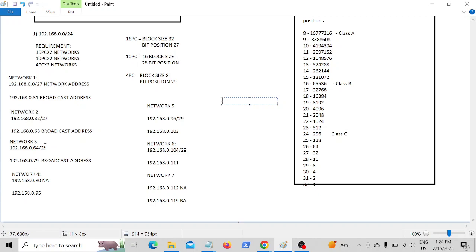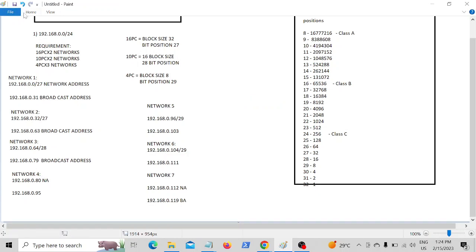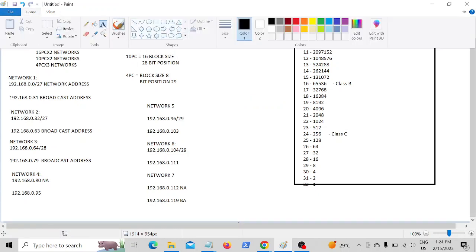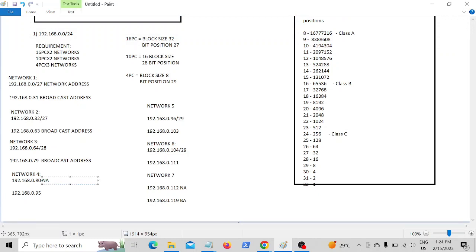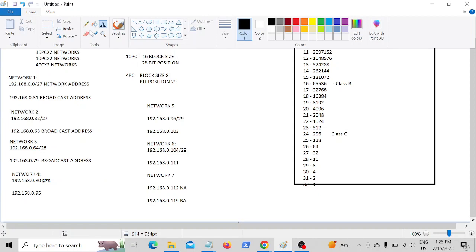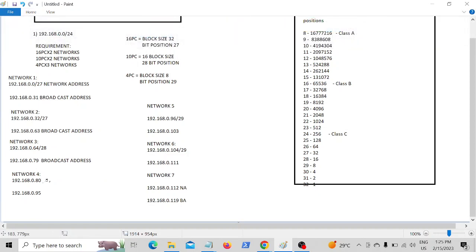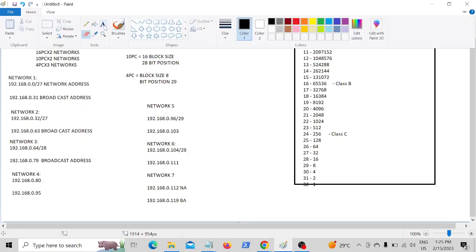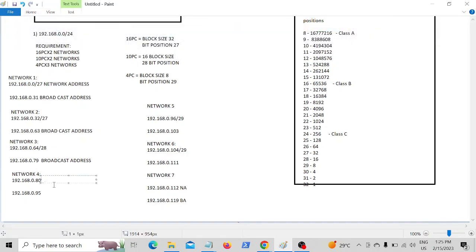Again we are changing your bit position to 28 and 28 here. Network 4, this should be slash 28.